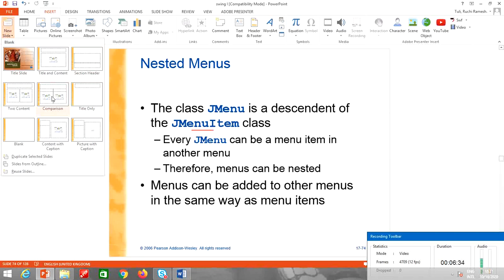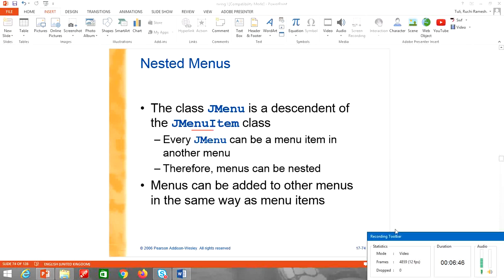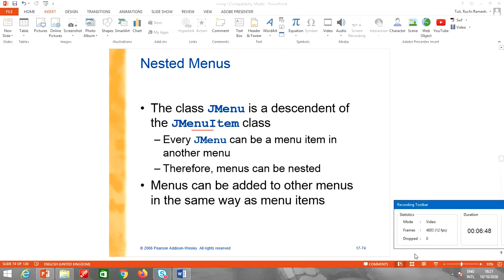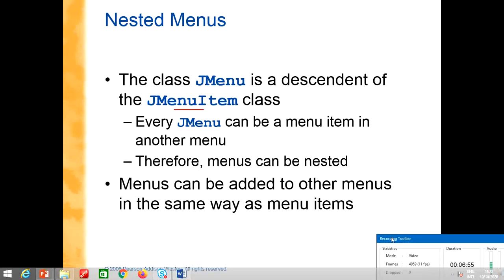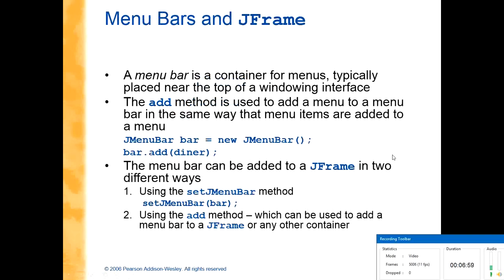These are called nested menus. This New Slide now acts just like a menu for all these menu items. We follow the same way as we add menu items to the menu using the add method. In the same way, nested menus can also be done. I'll be doing a program on nested menus also.